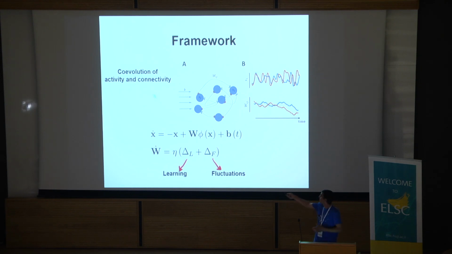If we want the input to somehow embed a memory, we should have activity-dependent plasticity. But in agreement with all the data I showed you before, there should also be an activity-independent component. And basically, we want to understand the effect of this component on the entire process.